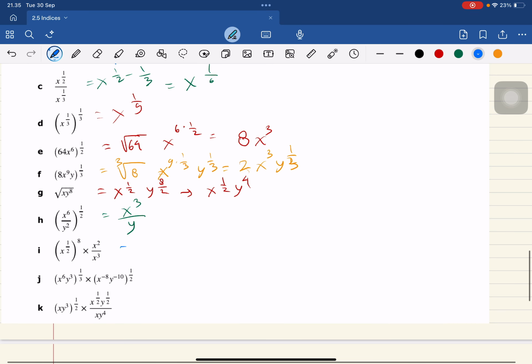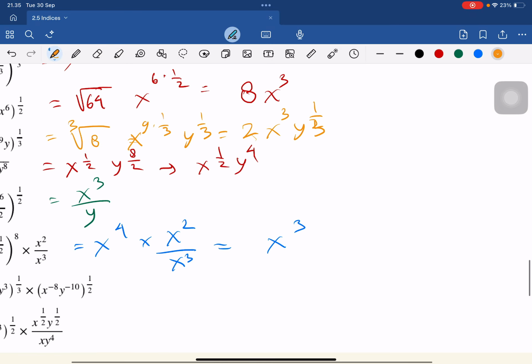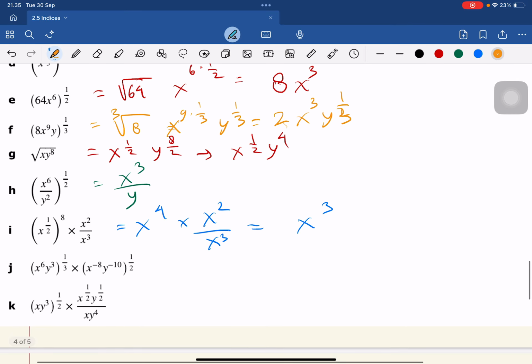Next question. So x 1 over 2 times 8 is going to be 4, multiplied by x squared divided by x power of 3. So this will give us the answer of x power of 3. Next, for the g, power by 1 over 3.